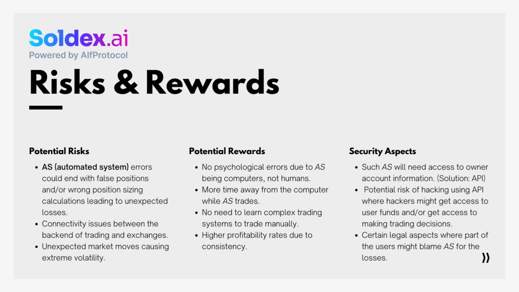Now, if we move to the risk and reward section, let me walk you through the potential risks of automated trading systems, also the rewards and some security aspects. So first of all, the potential risks.